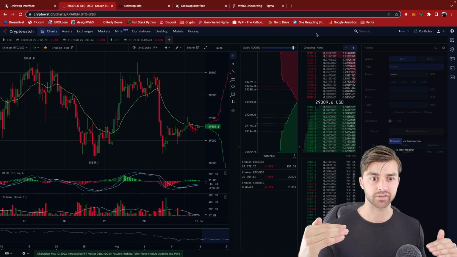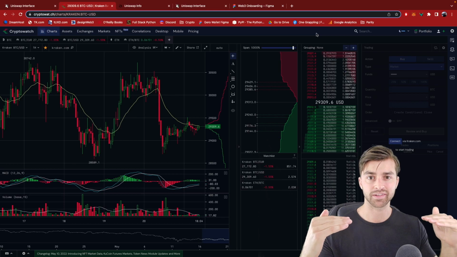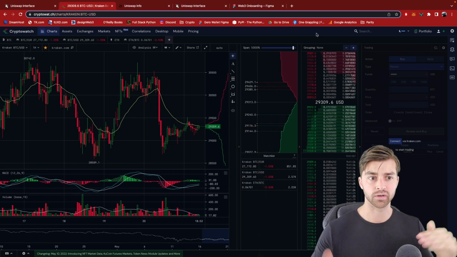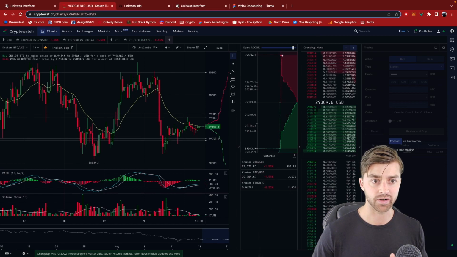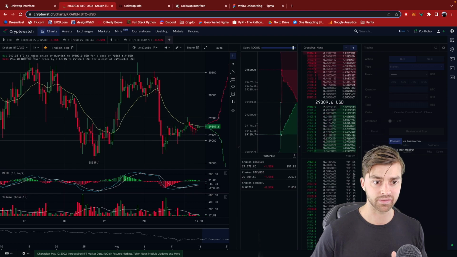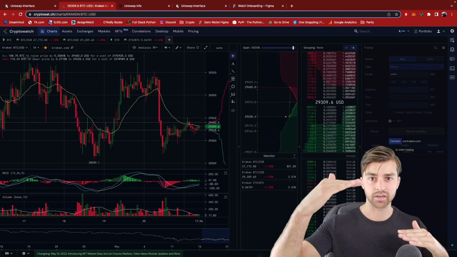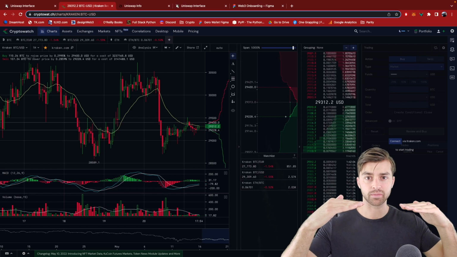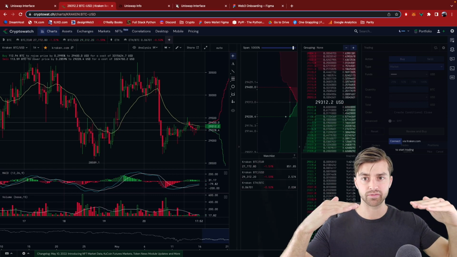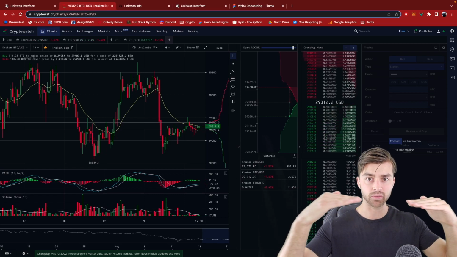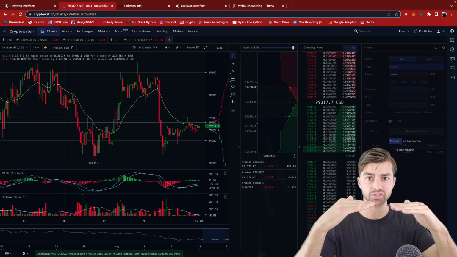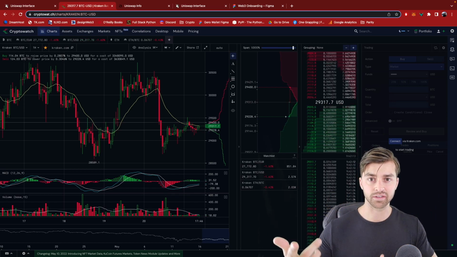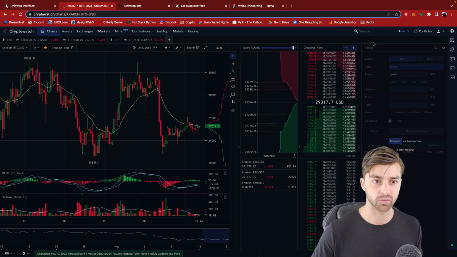And then buyers put in a buy bid for how much they are willing to buy Bitcoin for. So here are the sell bids in red right here, and here are the buy bids in green. And when somebody says I'm willing to buy Bitcoin for this much and somebody's willing to sell Bitcoin for that much, they match and that transaction is executed. This is what a central limit order book is.